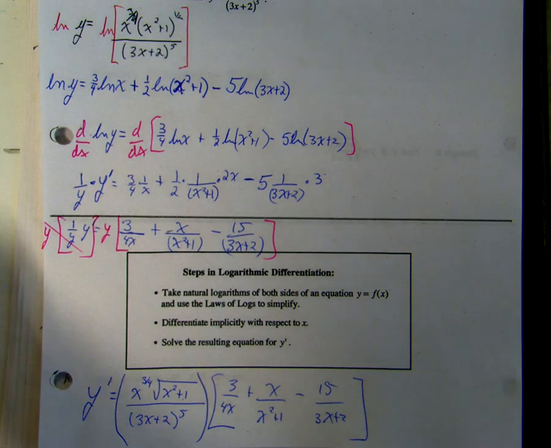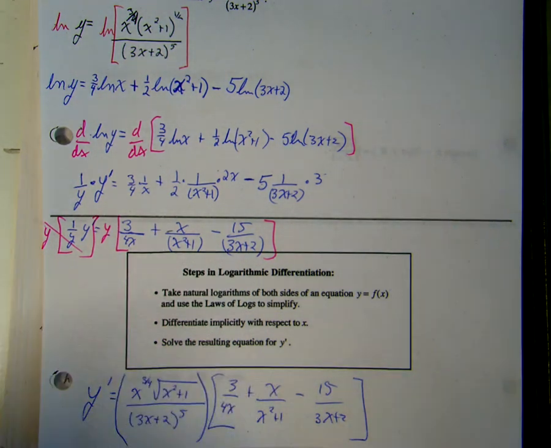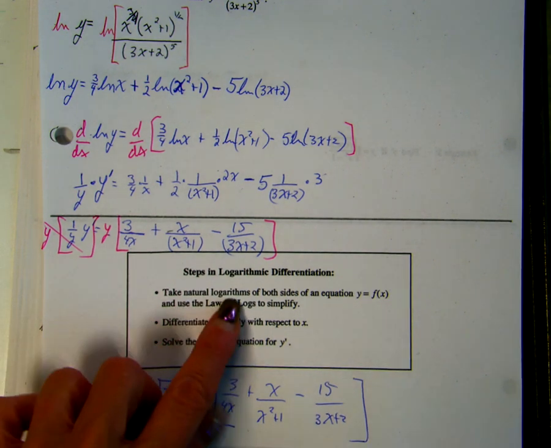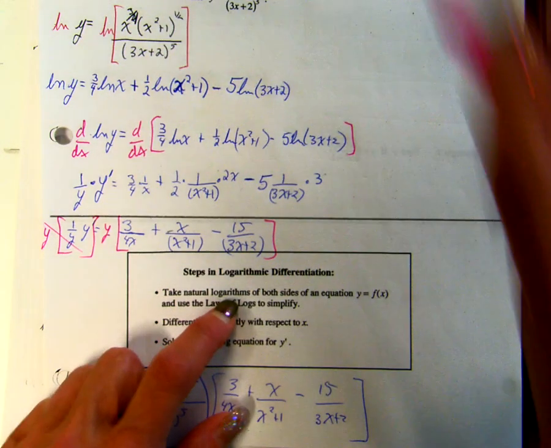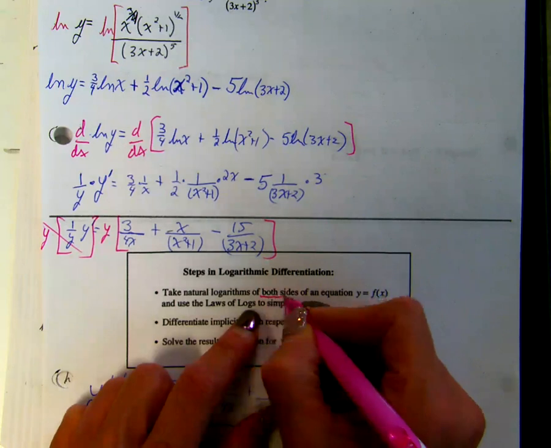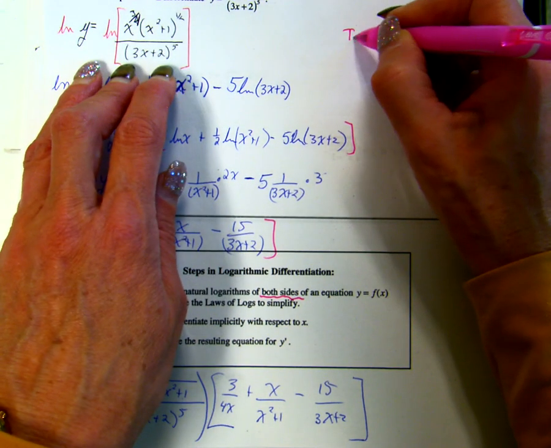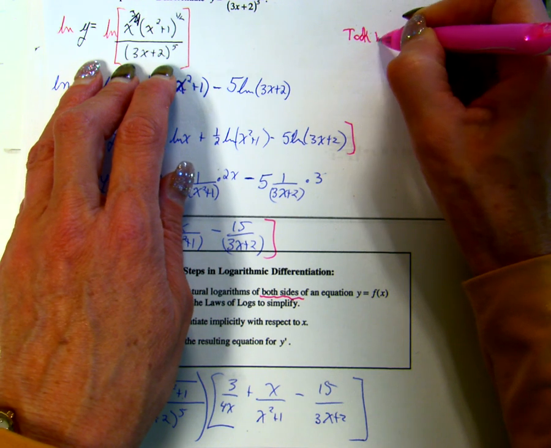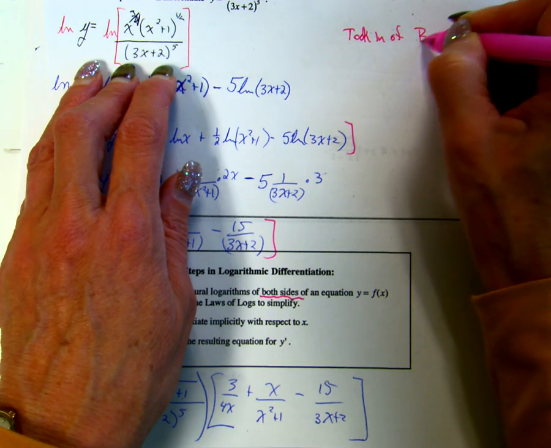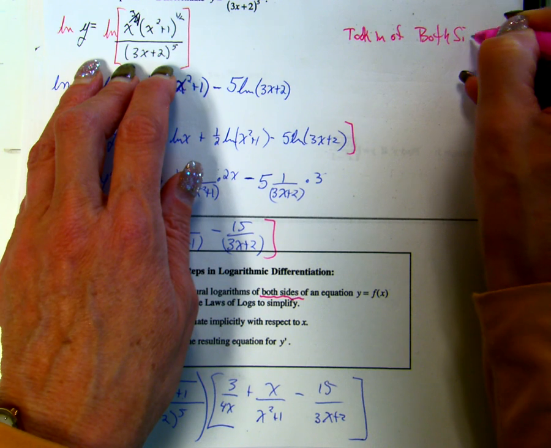So just a quick summary, here are your steps in logarithmic differentiation. You take the natural log, i.e. you take the ln of both sides of the equation. Okay, so that's what we did right here. We took the ln of both sides.